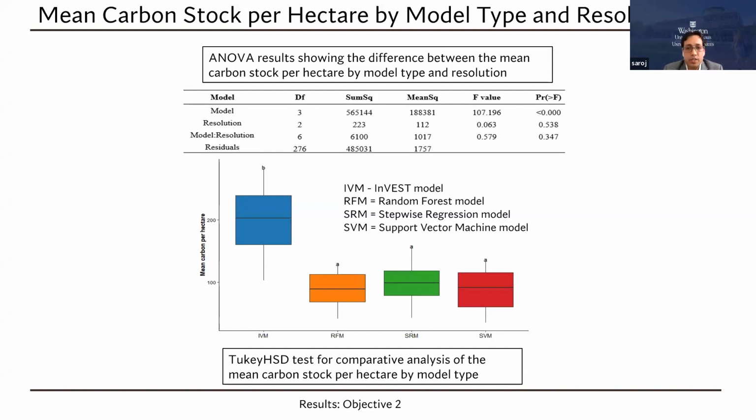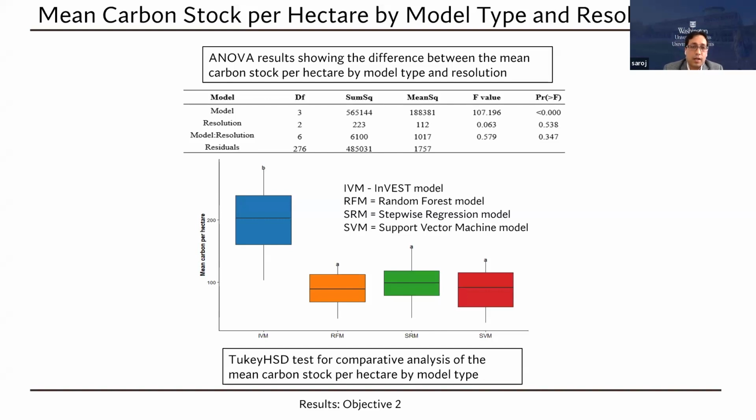So I ran a Tukey test for a comparative analysis, and the Tukey test showed the INVEST model is significantly different and has a higher mean per hectare by land use land cover type compared to other models, and all other three models are not significantly different from each other.